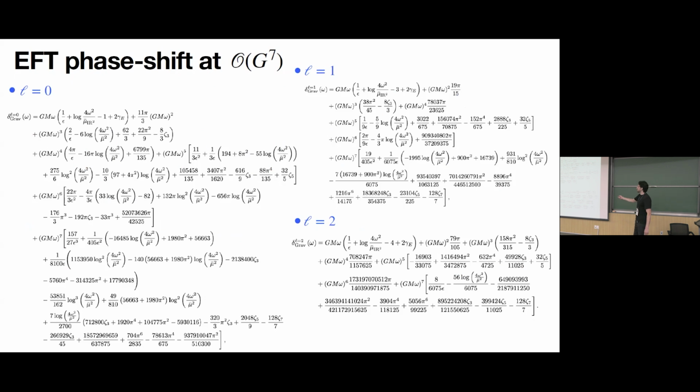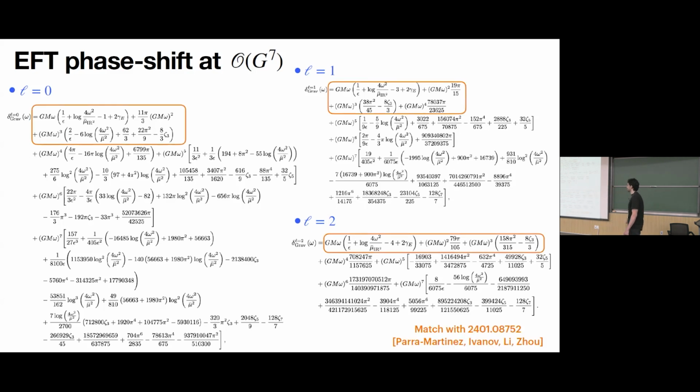So this is the phase shift at order G^7. And you see that these are very long expressions, very big numbers. But you see that the first UV divergence shows up here at G cubed. So for this answer we match with this paper, and the rest is new.